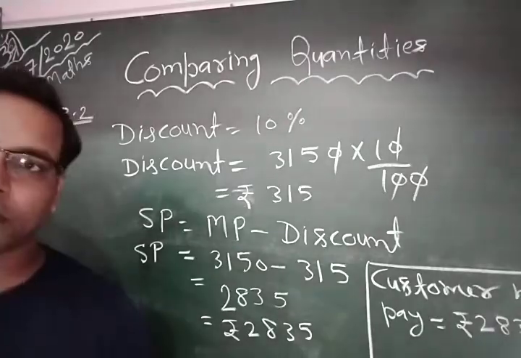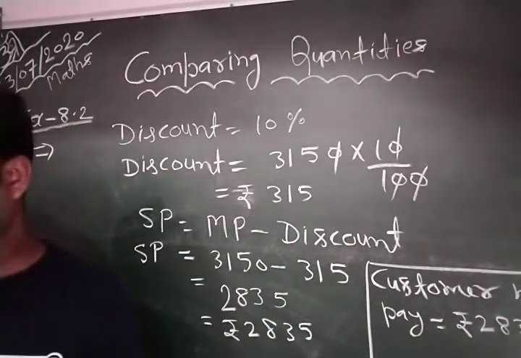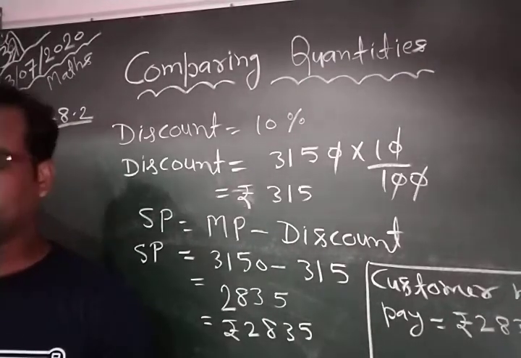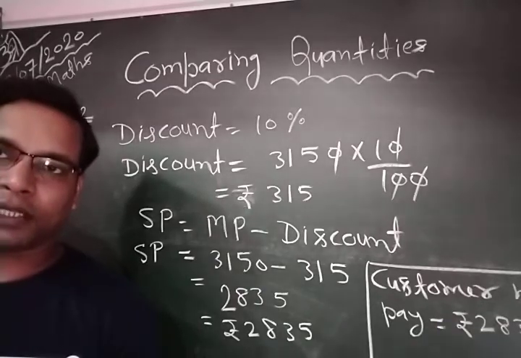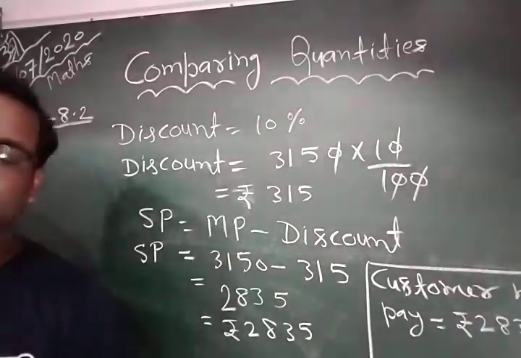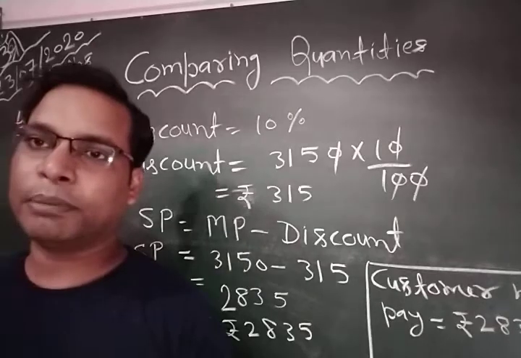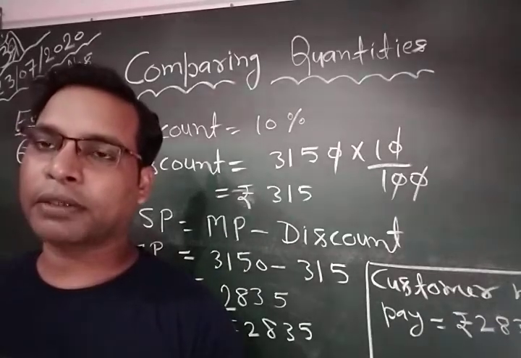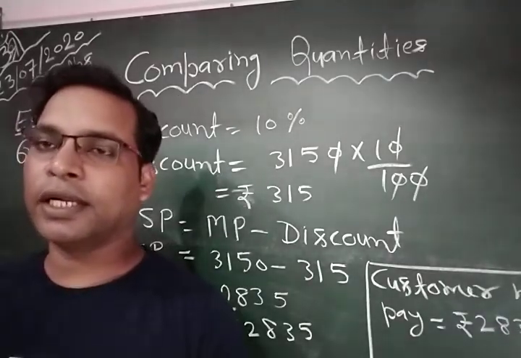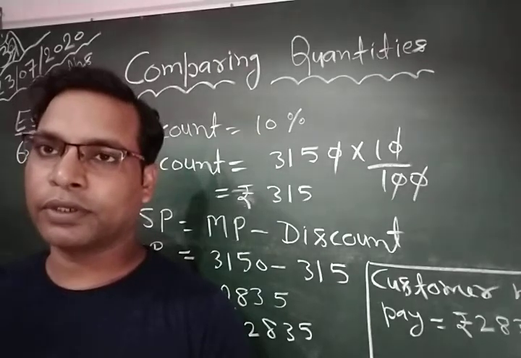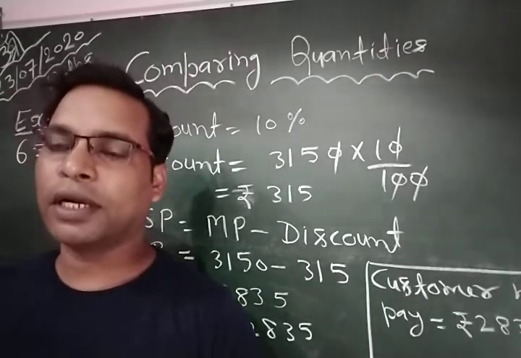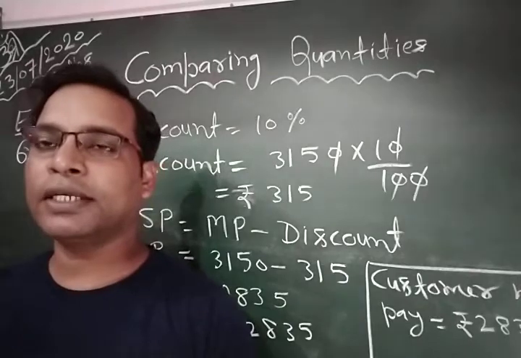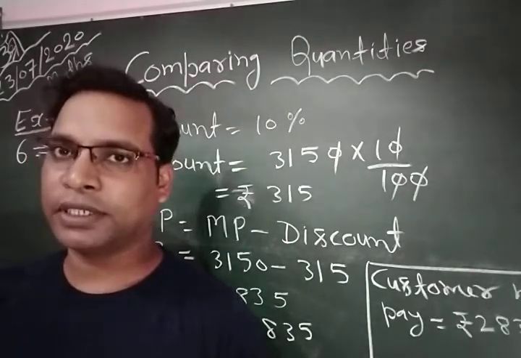Students, in this question it is given that the marked price of a pair of jeans is 1,450 rupees and the marked price of one shirt is 850 rupees, and the rate of discount on each item is 10%. Clear?